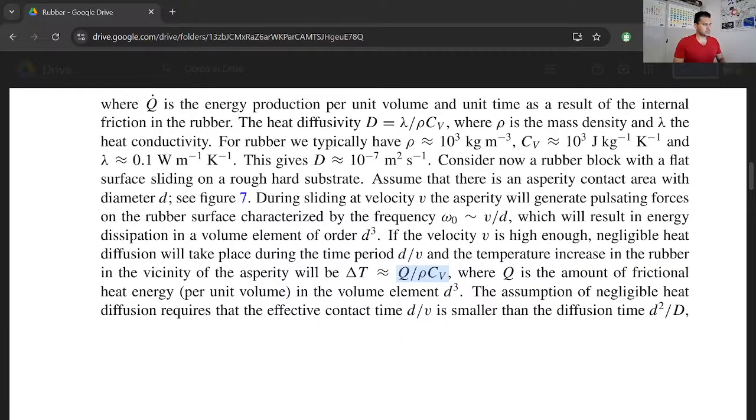how the WLF transform concept works. The WLF transformation and theory, I put here Williams 1955.